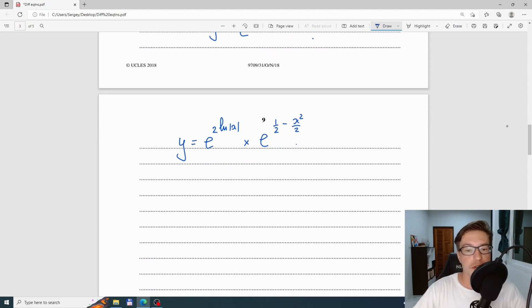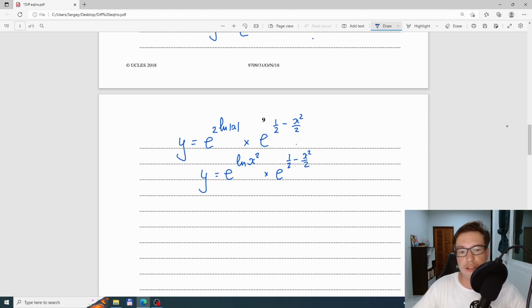Okay, why did I do this? Because in the next step, I can write 2 times log x as log x squared. Now, what's going to be e to the power of natural log of x squared?